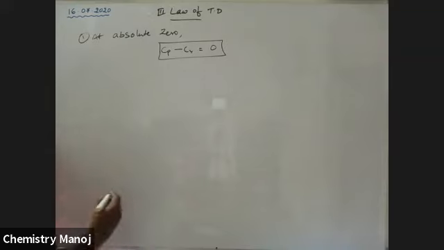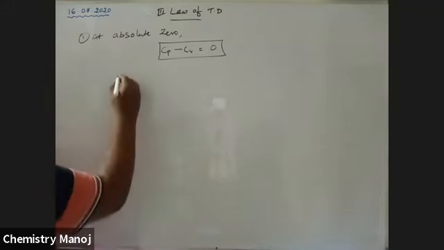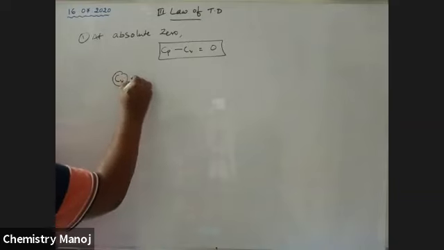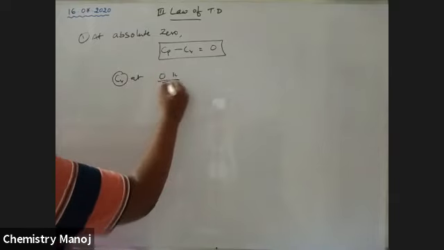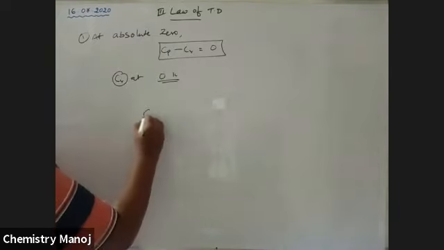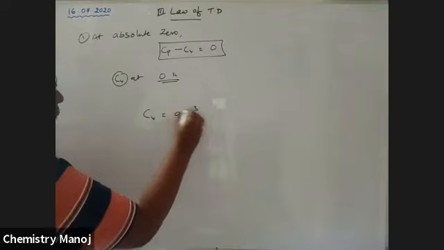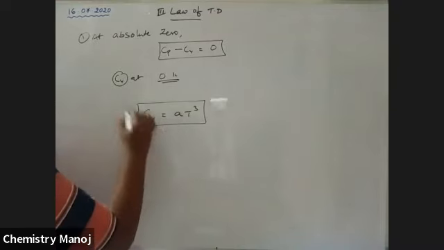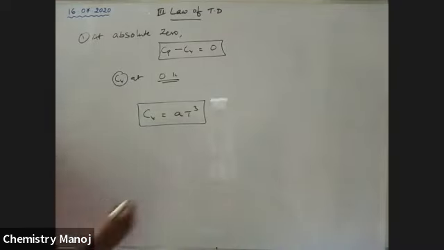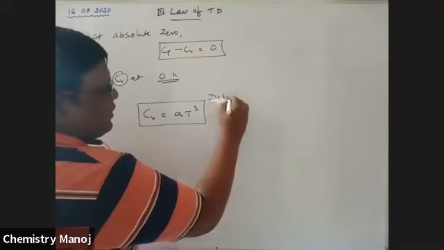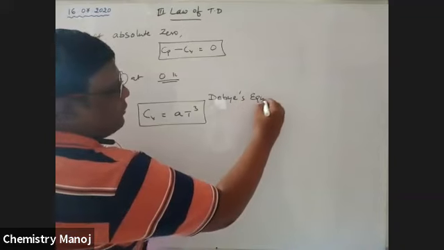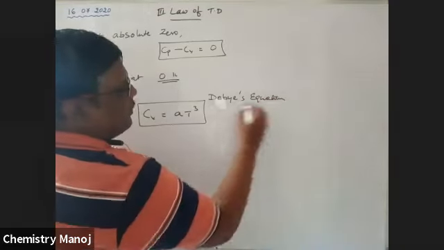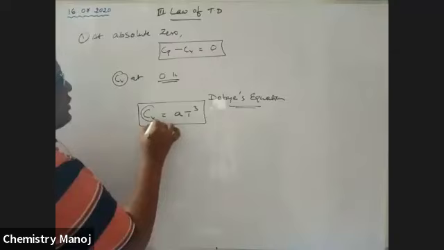Next, Cv at 0 Kelvin is calculated by using the formula Cv is equal to A T cubed. This is called Debye's equation. This equation is useful to calculate Cv.